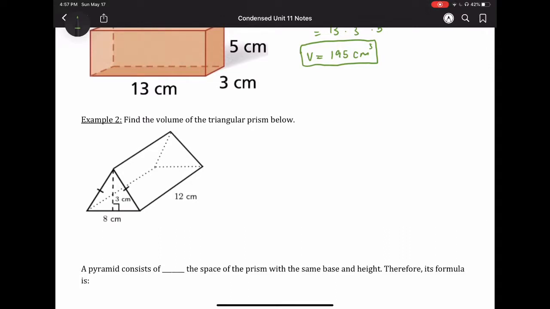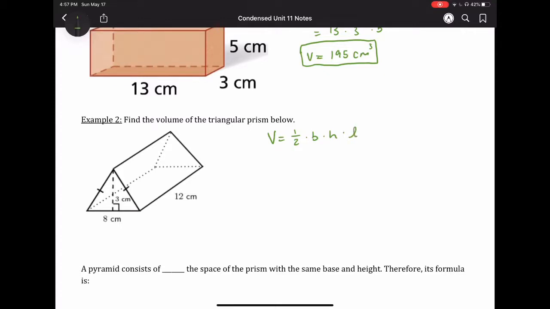So I mentioned before, you're finding the area of the base and you're multiplying it by the height of the shape. That holds true here. So for my formula, volume is equal to area of the base, which is a triangle, 1/2 times base times height, times the whole height of the prism, which we'll call the length in this case.